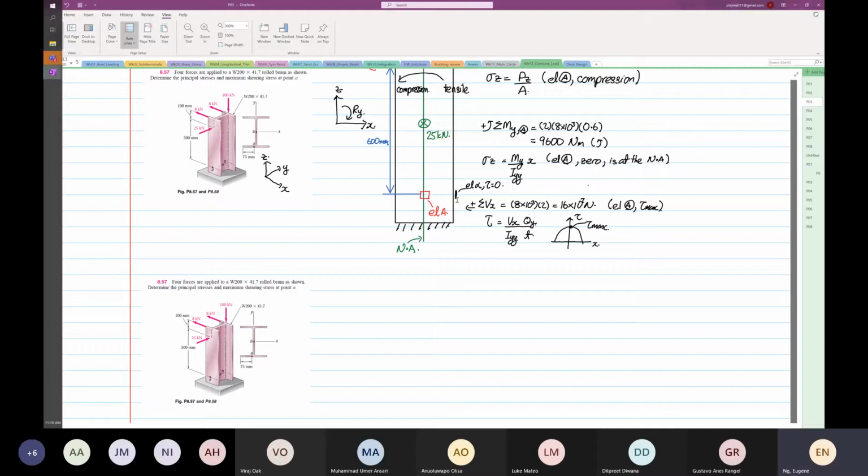Now this one, a lot of time, engineers and students make a lot of mistakes. I'll tell you what it is. With the transformation, now we are going to view on the YZ.